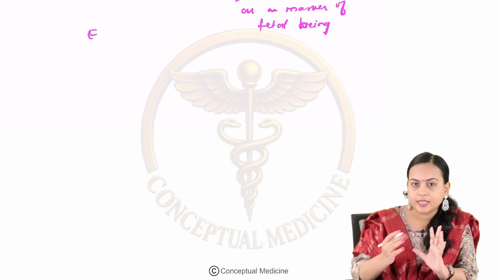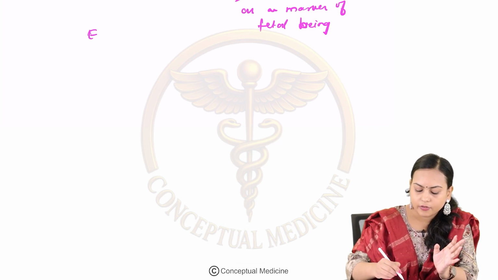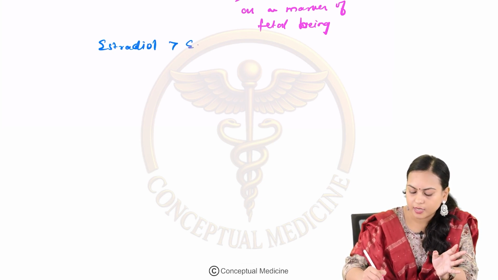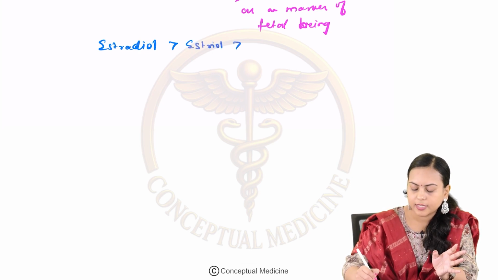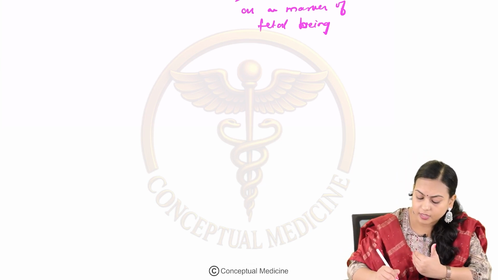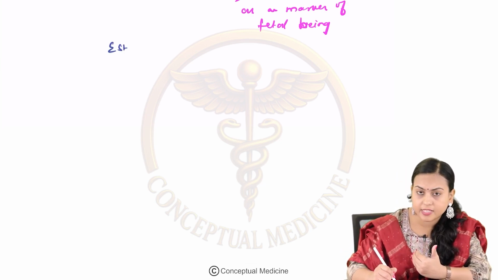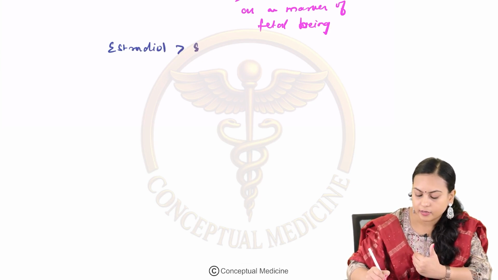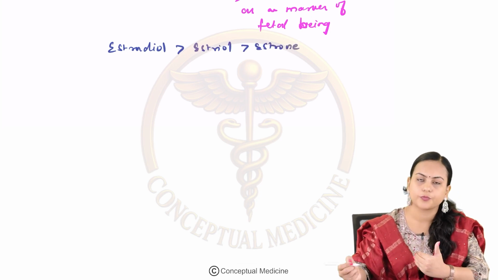If you take the various estrogen forms, the most abundant form in pregnancy is going to be estradiol, followed by estriol, and followed by estrone.